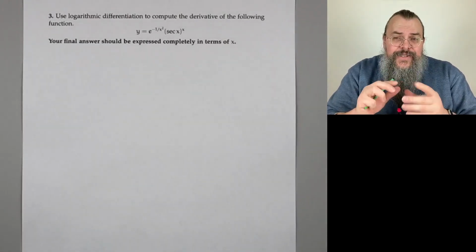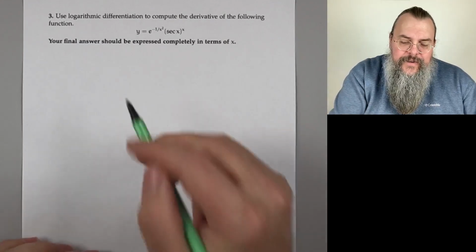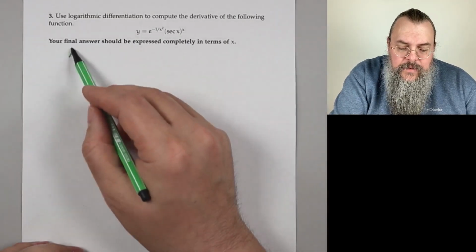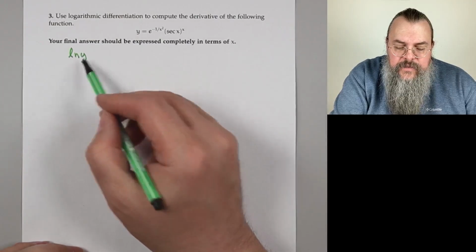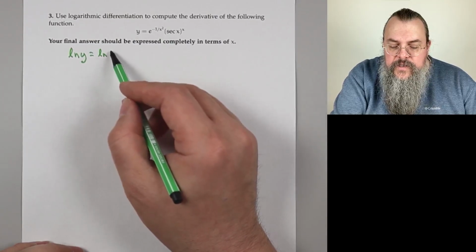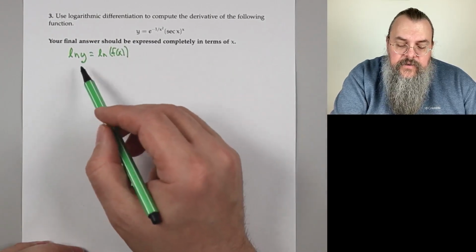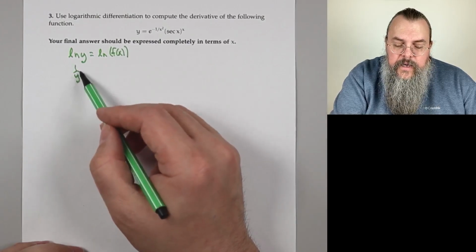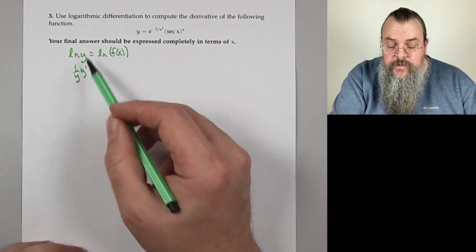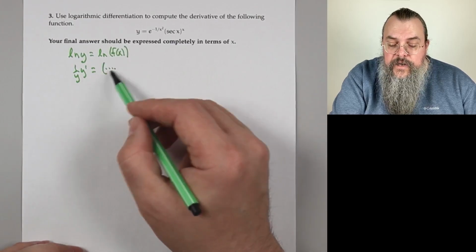Now, why do they have that note there? Let me just explain why that note is there. One of the ways that people will do a logarithmic differentiation problem is they'll say, well, log of y equals log of the function we're trying to take the derivative of, and then take the derivatives, you end up with 1 over y prime, chain rule, with the natural log of y, equals stuff over here.